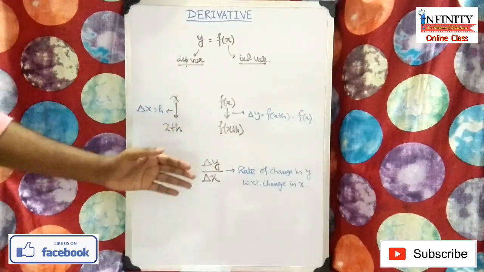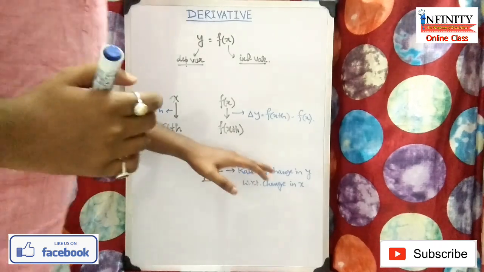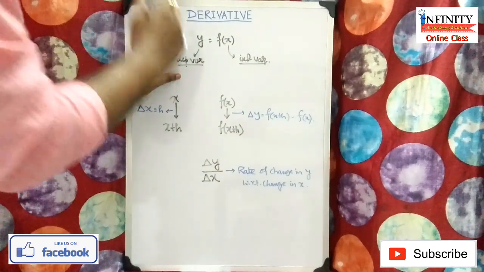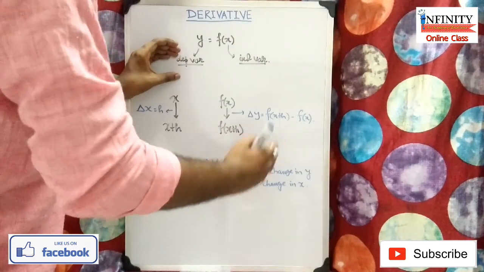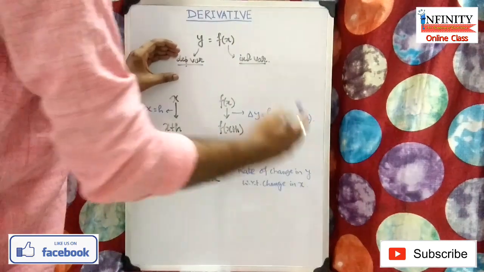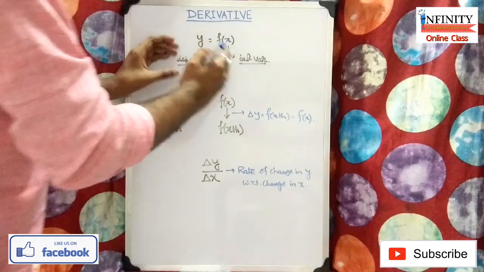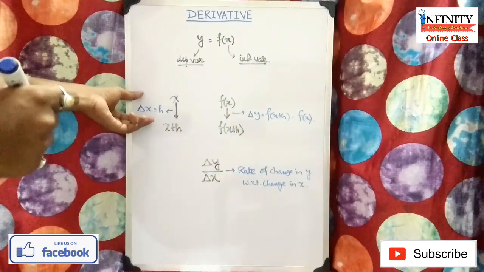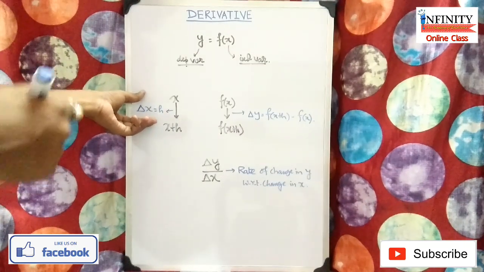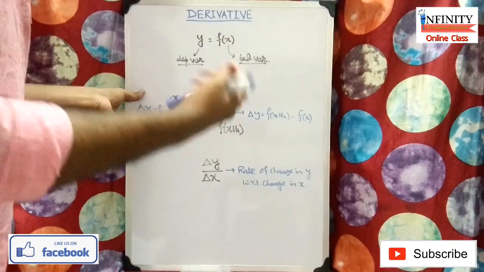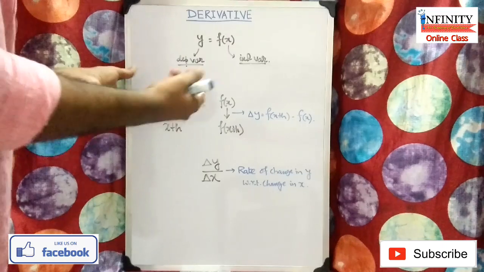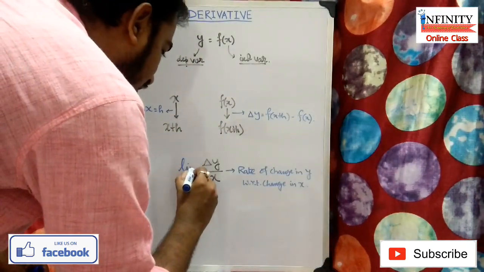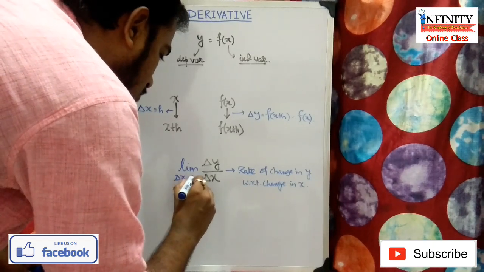Delta y by delta x means the rate of change in the dependent variable y with respect to the change in the independent variable x. Now let us take the change in this independent variable to be nearly equal to 0. That is a small change, and mathematically we can say this as the limit delta x tends to 0.